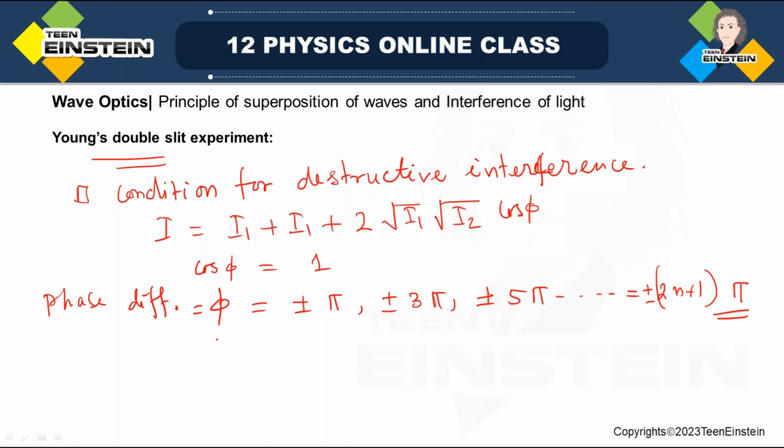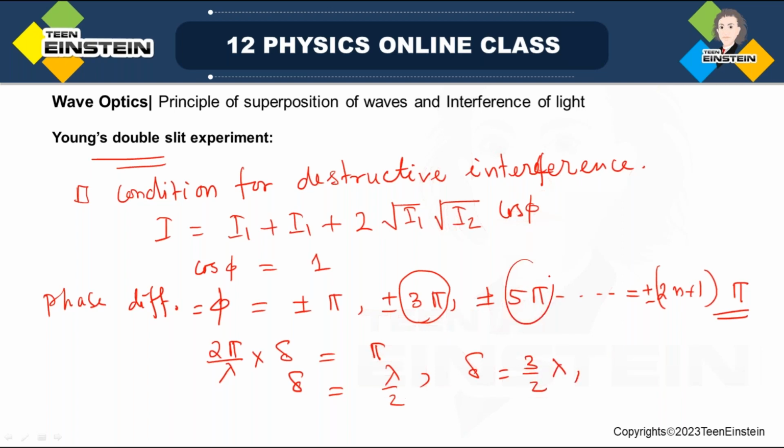Path difference times 2 pi by lambda gives the phase difference. Suppose it is pi, then delta will be lambda by 2. For the next one, delta will be 3 by 2 lambda.